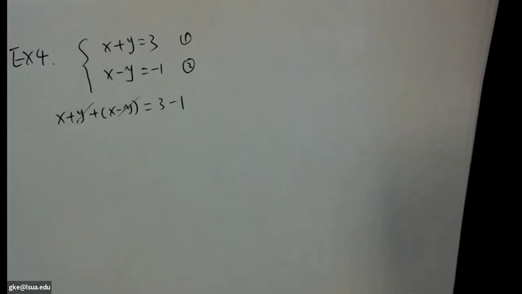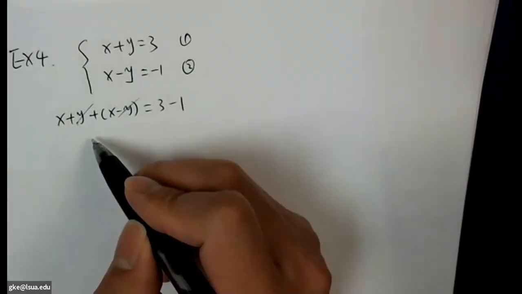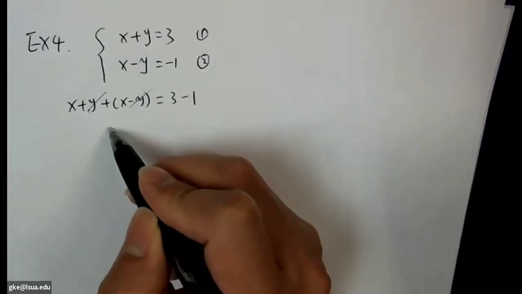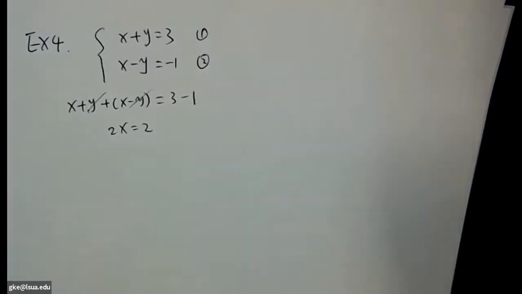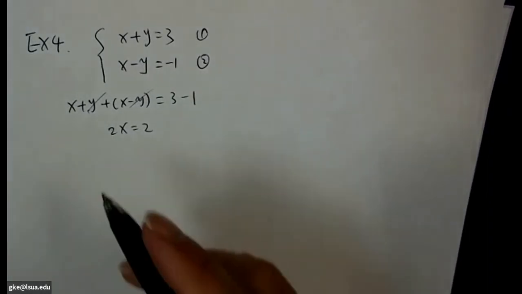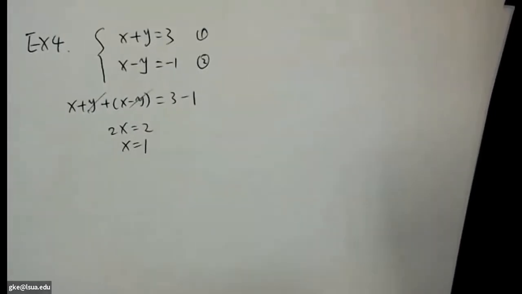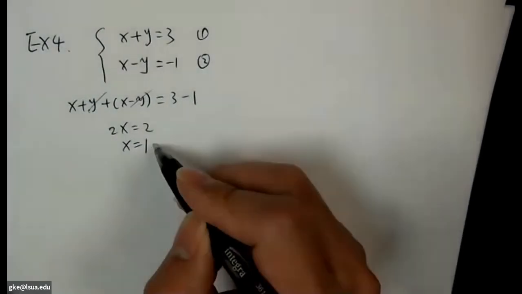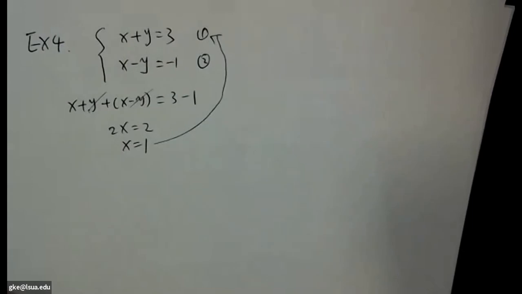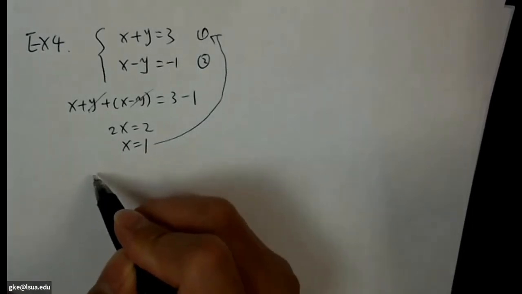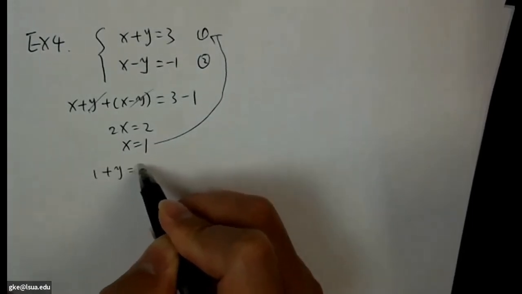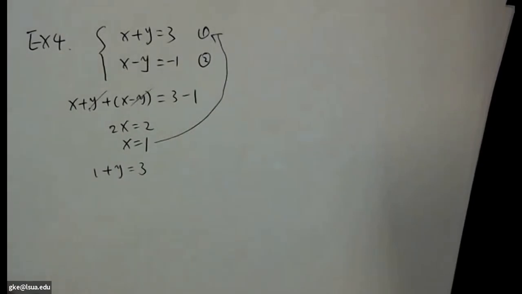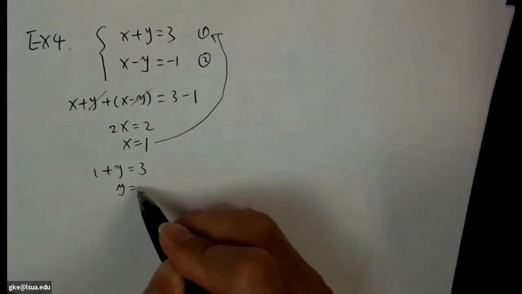Okay, so here we have 2x equals 2, and we can solve it. x equals 1. After you get x equals 1, you can plug it back into the first equation. For example, 1 plus y equals 3, and you're going to get y equals 2.